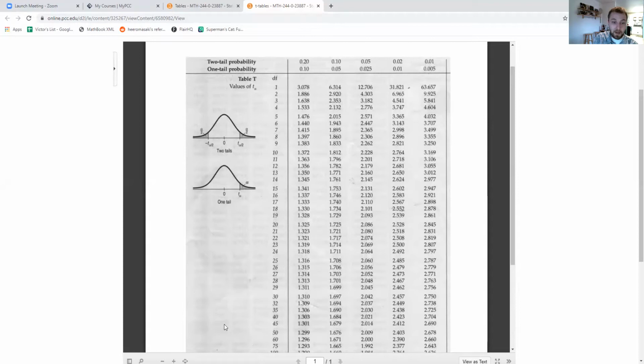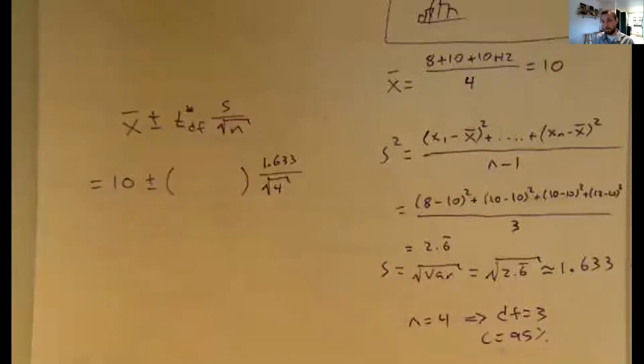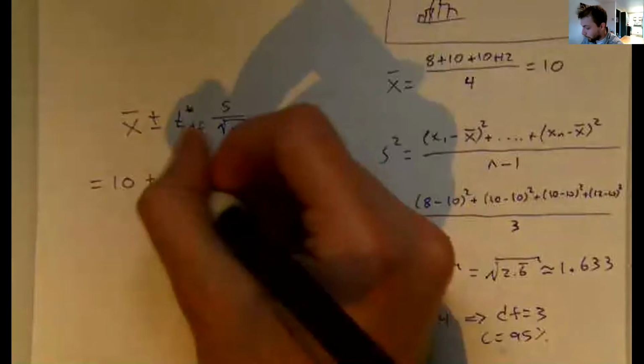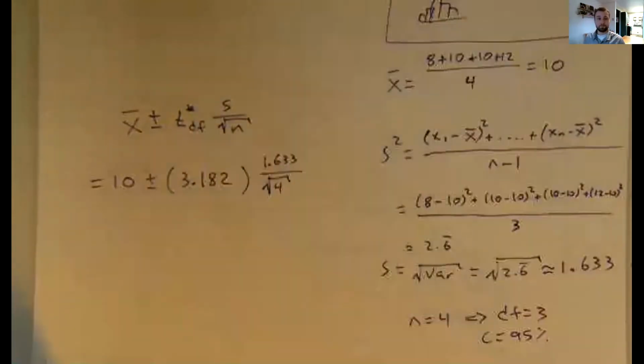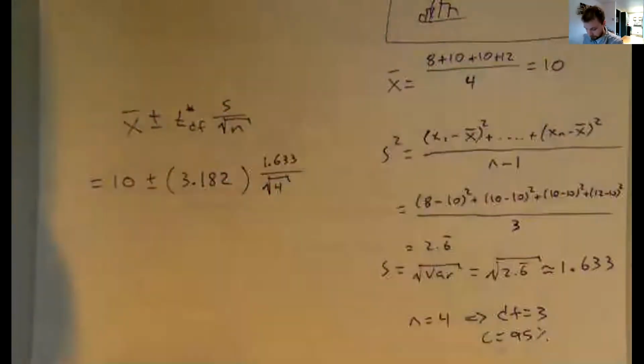So I'm going to go back to my problem here, and I am working with 3.182. I'm going to type this into my calculator, once with the minus, once with the plus.